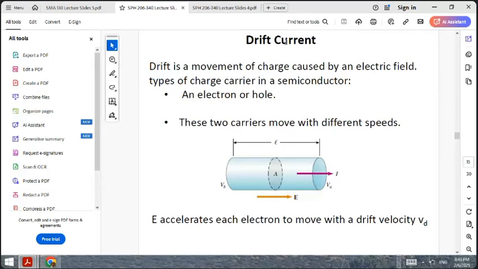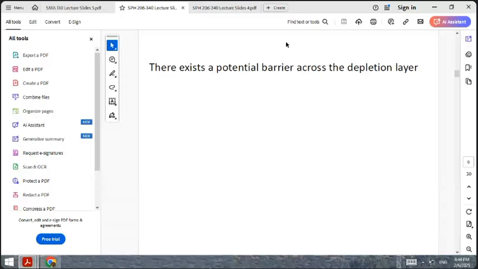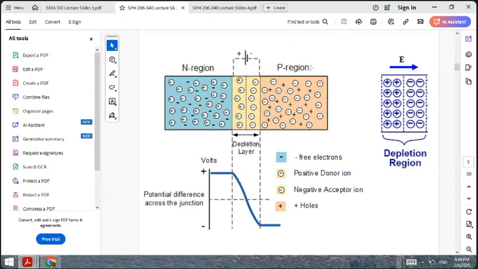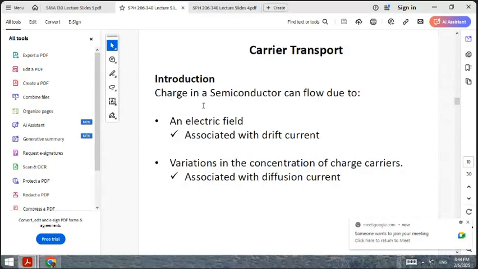And now we can look at what we call drift current. There are two types of currents in a PN junction: drift current and diffusion current. Drift current is caused by the difference in electric field or difference in voltage, that is potential difference.